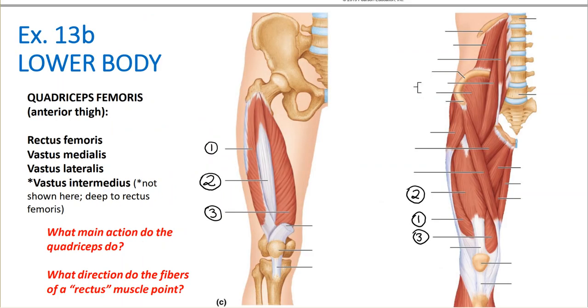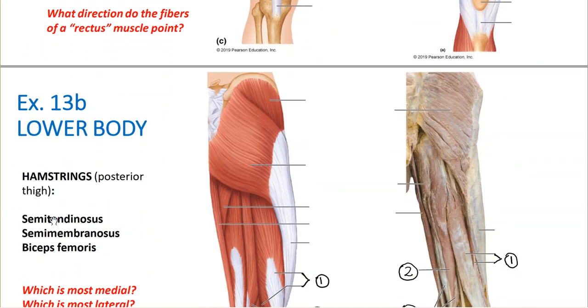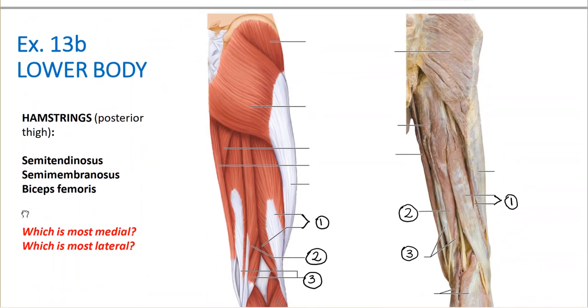Think about your quads versus your hamstrings. Quadriceps femoris are on the front of your thigh, and there's some information in the names. One is going to be medial, one's going to be lateral, one's going to be intermediate, or in between those two. More hint questions. And then hamstrings are the back of your thigh.